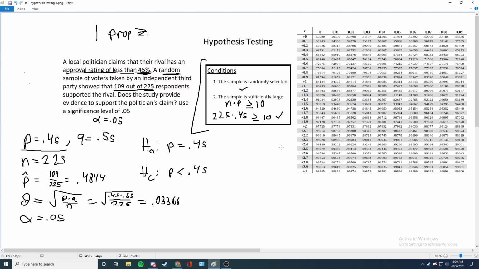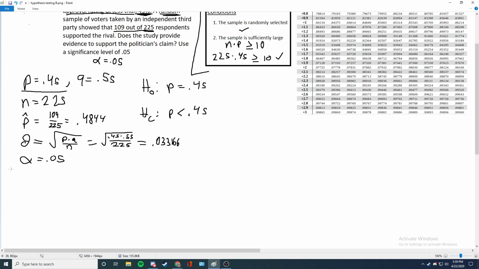Now let's move into the actual math, where we're going to find our z value.